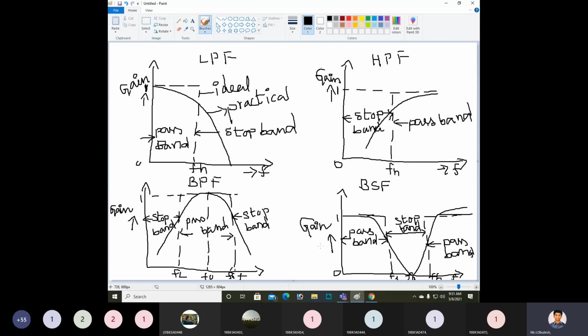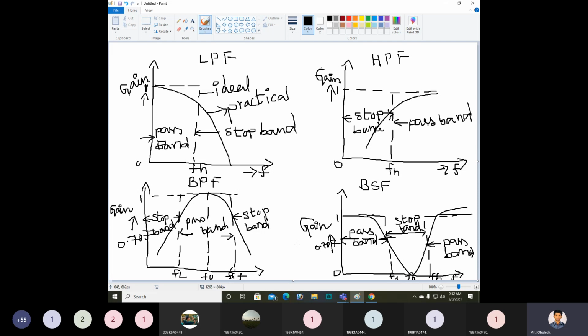Okay, here we have 0.707, which is 3 decibels.